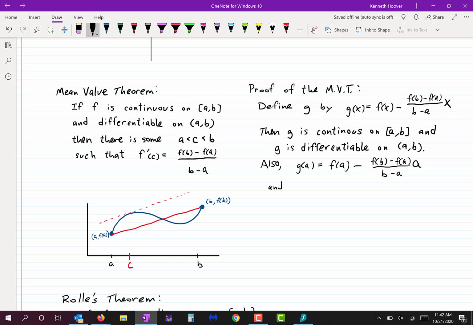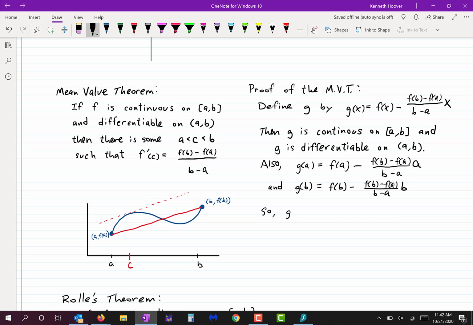And what will g of b equal? g of b will equal f of b minus f of b minus f of a over b minus a times b. Now those are actually the same. It's not obvious, but look.